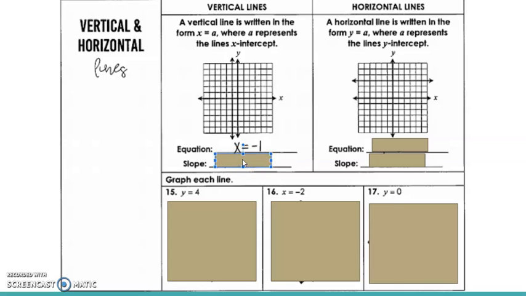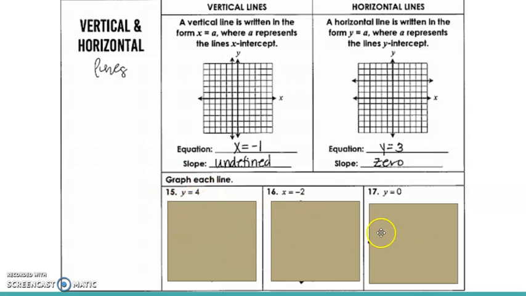Remember, if it's straight up and down, my slope is undefined. For horizontal lines, I am crossing my y-axis. It's parallel to that x-axis and going through the y-axis. So I'm doing y equals, and then wherever I cross that point. In this case, it's y equals 3, and my slope is 0.